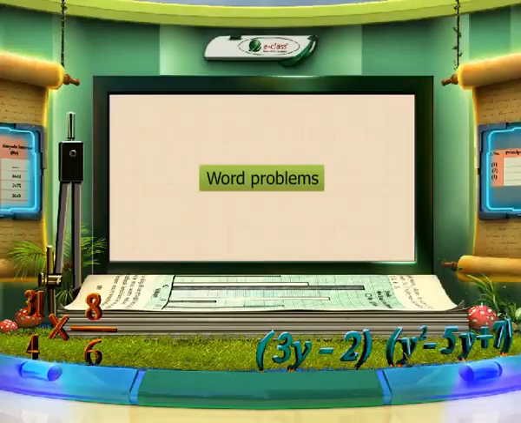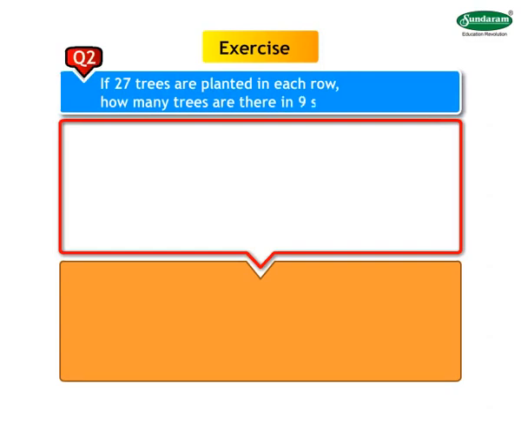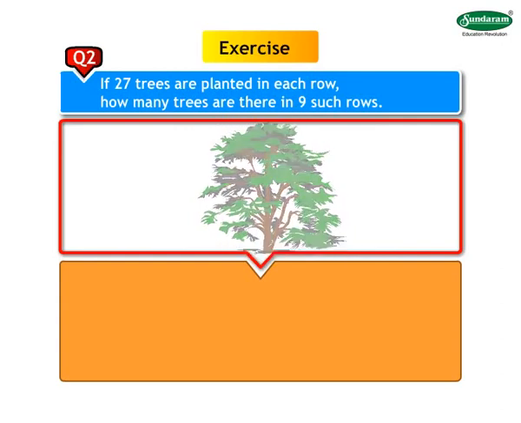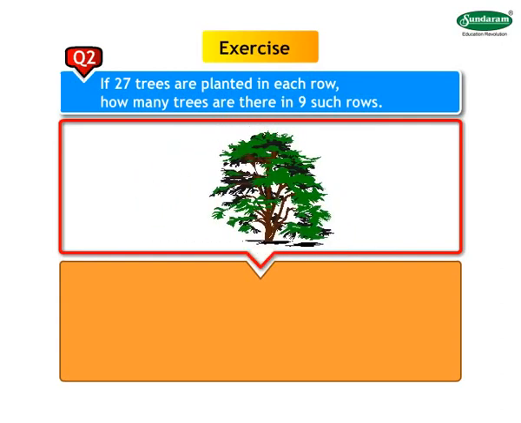Word problems. Question 2. If 27 trees are planted in each row, how many trees are there in 9 such rows? Here it is given that the number of trees in each row is 27 and the number of rows is 9. We have to find the total number of trees.